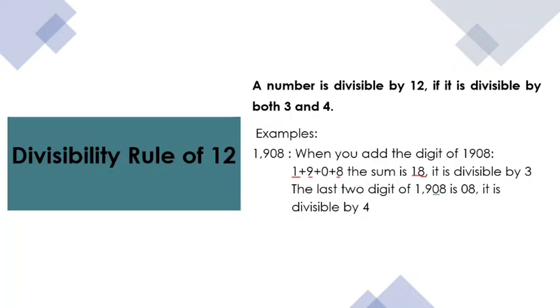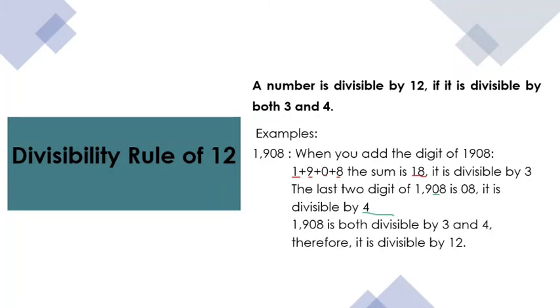It is divisible by 4. Therefore, 1,908 is both divisible by 3 and 4. Therefore, it is divisible by 12.